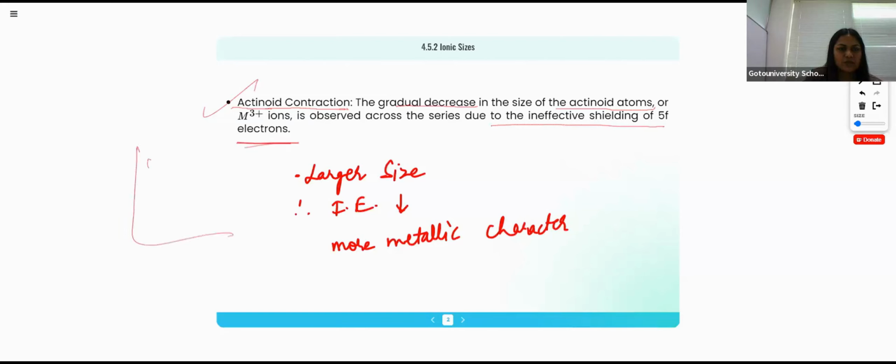So like lanthanoids, from actinium to lawrencium there is a gradual decrease in the atomic sizes of the actinoids, that is termed the actinoid contraction, and this is due to the poor shielding of 5f electrons.